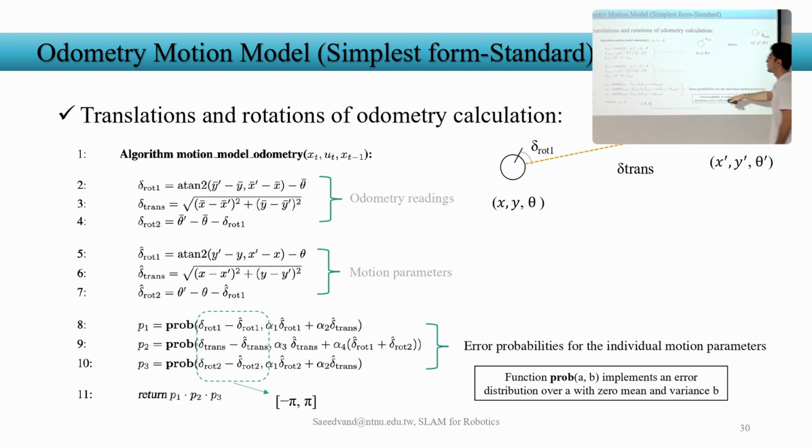We simply need to use the same function that we had in the previous example, the prob, so that I can calculate P1, P2, P3, three probabilities that indicate the differences between these 2 parameters that I have. These are with hats, so you can see the difference here, and here the difference.